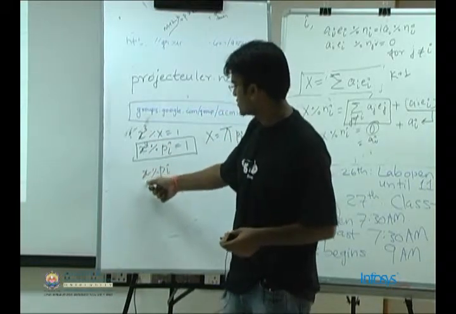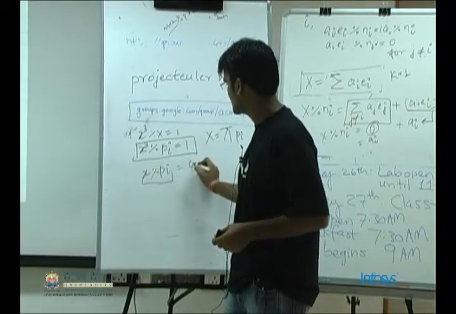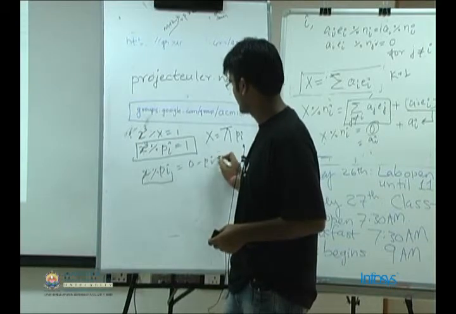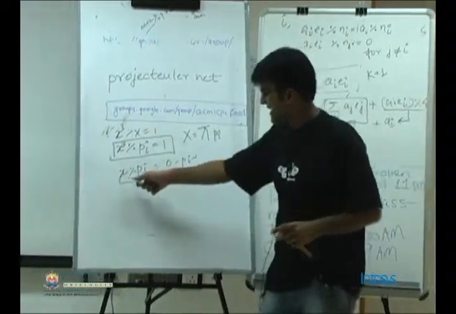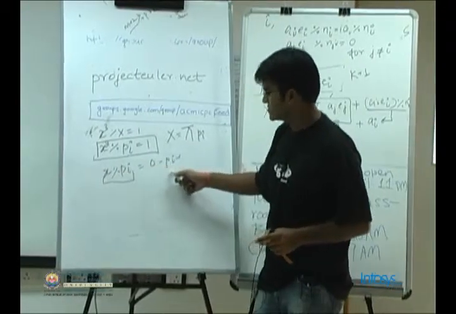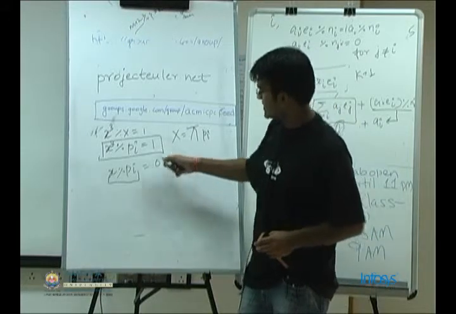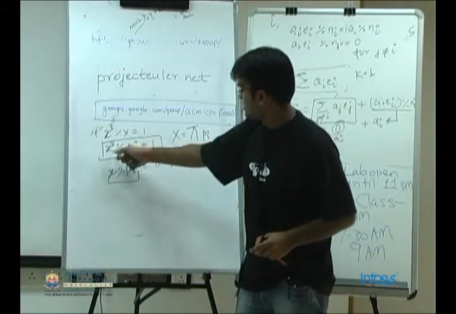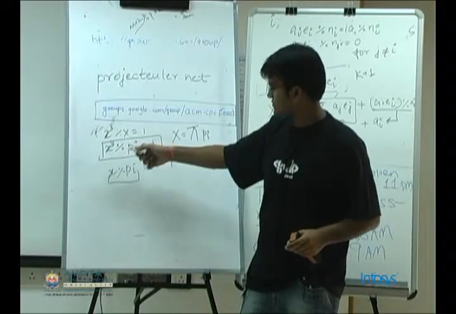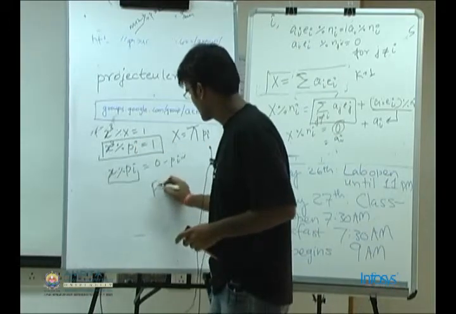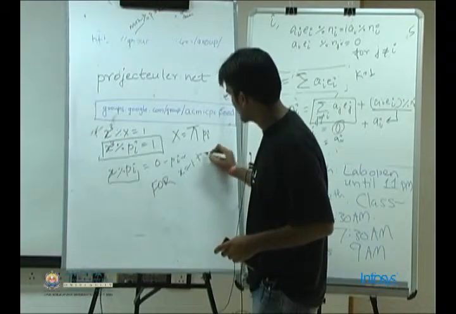If we want to do that, small x mod pi could take values from 0 to pi minus 1. Is this fine? Since x mod pi can take these values, we can try out each of these values and check if this value whole cube gives a remainder 1 with pi. So what we do basically is, we take a loop from 1 to pi minus 1.